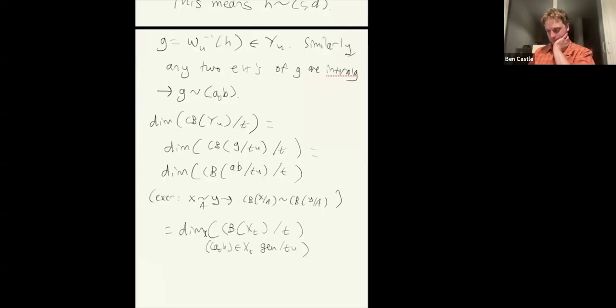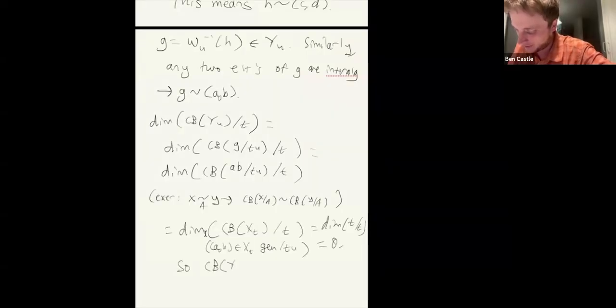So the locus of AB over TU is just the set XT. Okay, well, what's the canonical base of XT? It's T. So it's the dimension of T over T, which is 0. Okay. So we have shown here that the canonical base of YU is in ACL of T, and same argument for ZU.